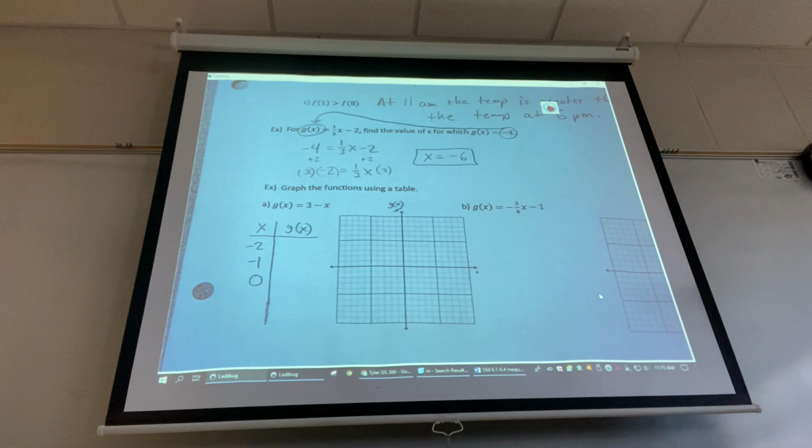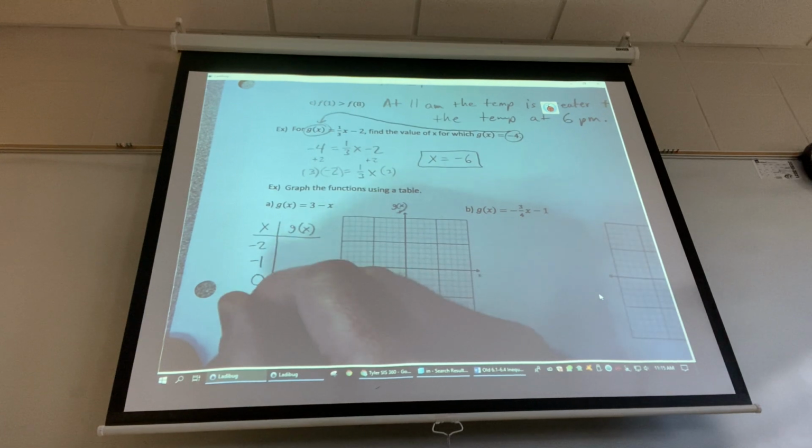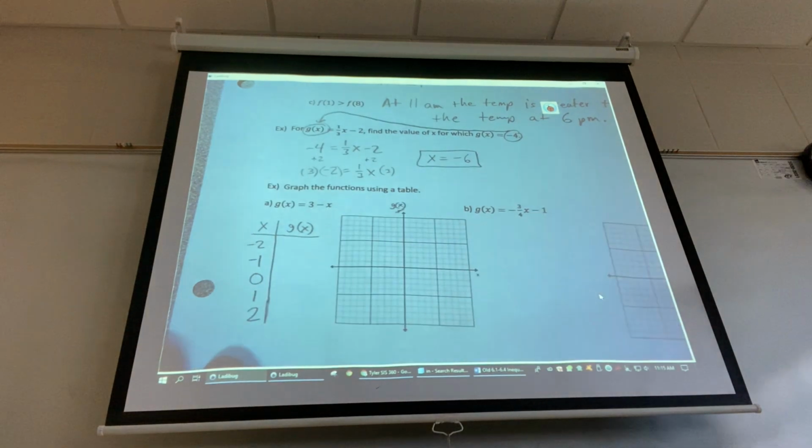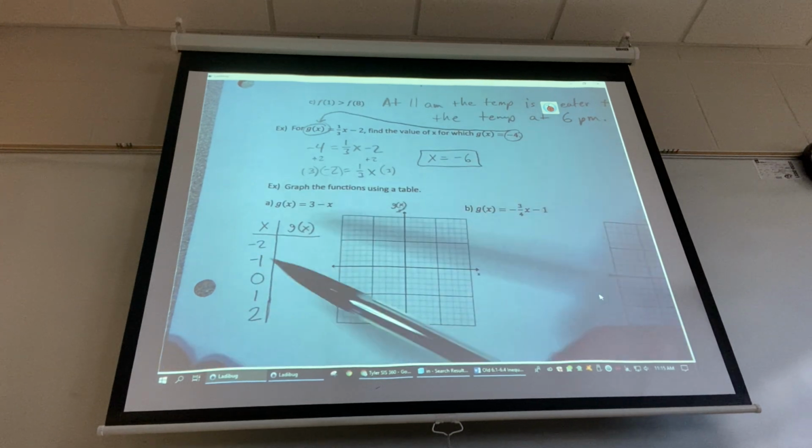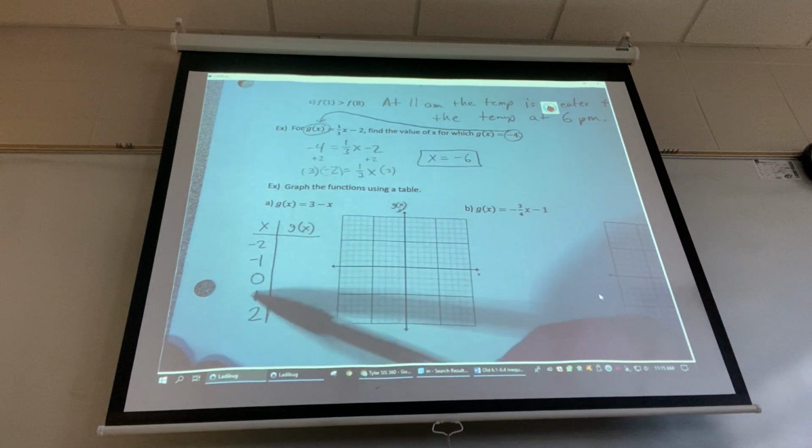No, and so graphically some weird stuff happens when you do that. And then also it's a good idea to use some positive numbers, right? So whenever on quizzes and assessments, if I ask you to graph something using a table, I'm going to insist that you use these 5 values, okay?